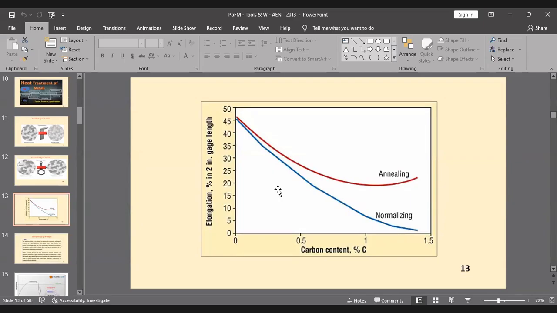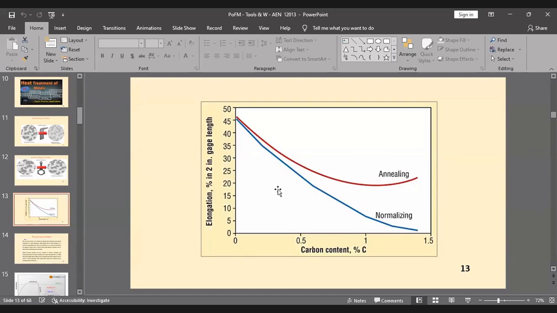Normalizing also softens metal by heating. But in the final stage of normalizing, we do quick quenching. Then you get a very highly hardened product. So that is why I want to introduce this graph here.